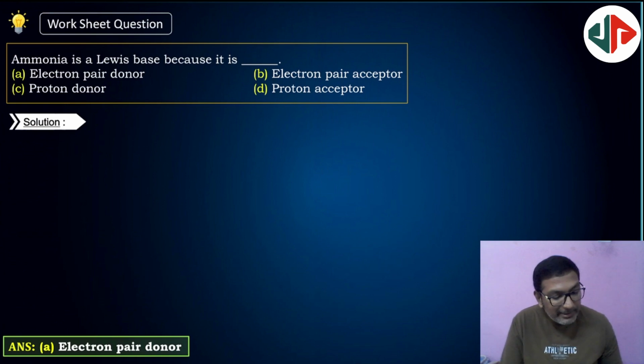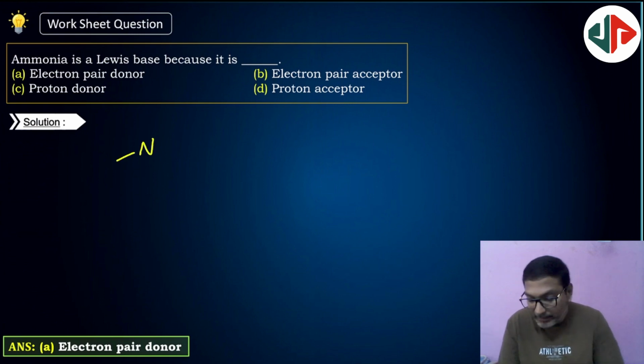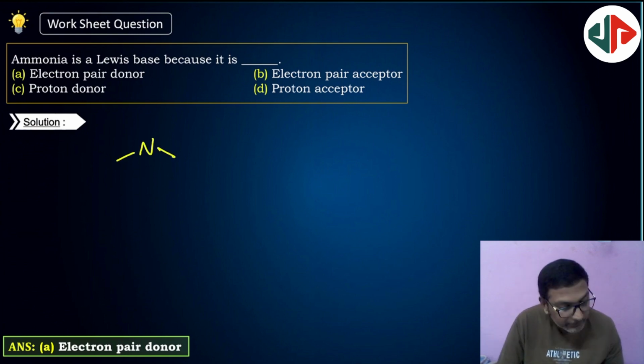So, ammonia is a Lewis base because of its lone pair. We know that. NH3 geometry is pyramidal, with a lone pair.